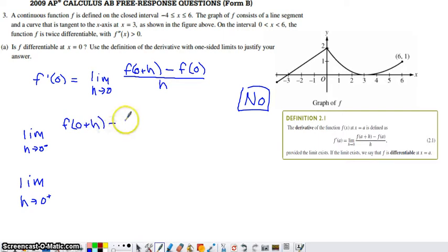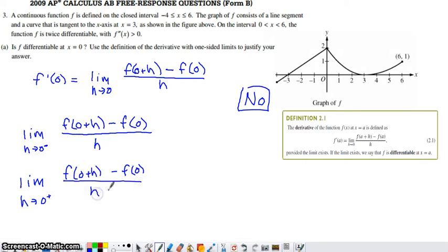If the one-sided limits don't equal each other, then the limit itself doesn't exist, and since this limit defines the derivative at 0, the derivative at 0 wouldn't exist, and we'd not be differentiable at 0. So what we should be trying to do here is show that these one-sided limits don't equal each other, and if we can successfully do that, we can use that as justification that the derivative at 0 does not exist.